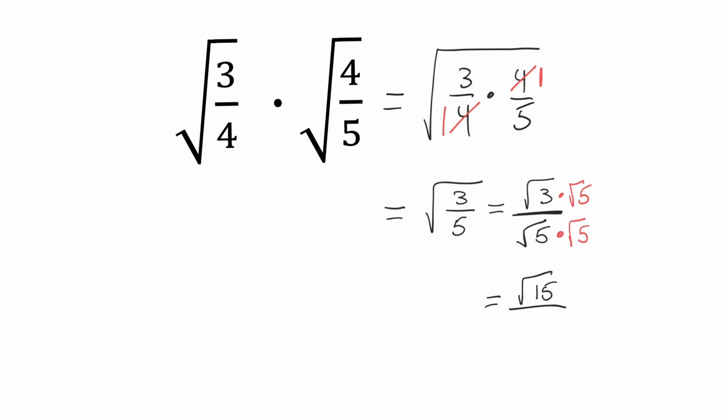And the bottom, you can do this mentally. You multiply 5 times 5 will be 25. And the square root of 25 is 5. And I hope you already noticed that when you multiply a radical by itself, your answer is just the radicand, the number inside of the radical. That's what happens when you multiply a radical by itself, and that's how you get rid of the radical, the square root. So my answer in radical form is the square root of 15 over 5.